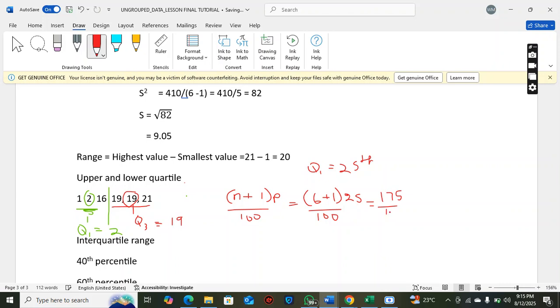Divided by 100, 1.75, which can be rounded off to the second position, because there's no 1.75 position.